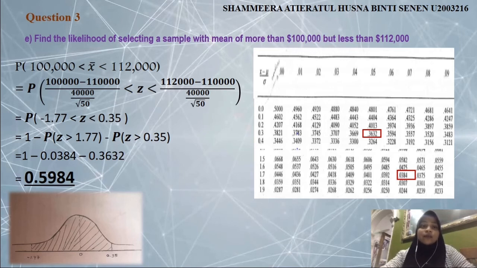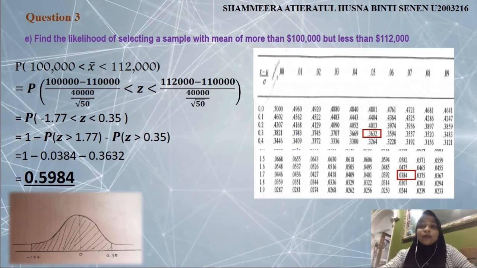So we still use the Z formula, which is the sampling distribution of the sample mean. We substitute all the values into the formula, and we will get P(-1.77 < Z < 0.35).